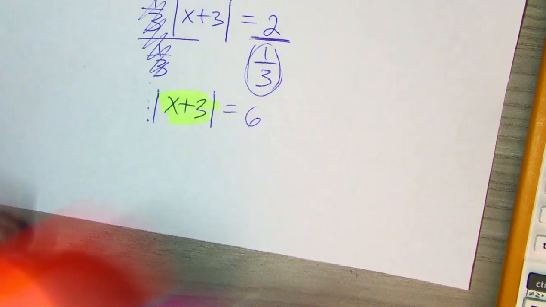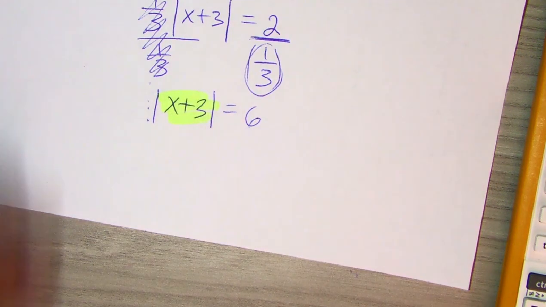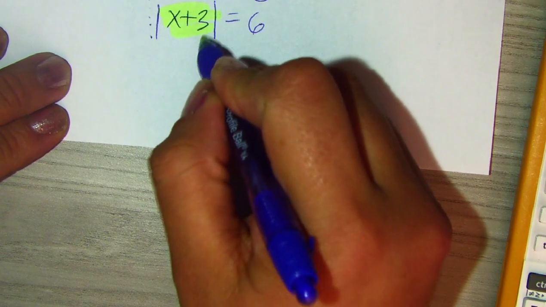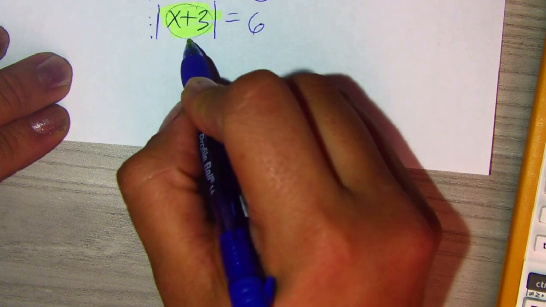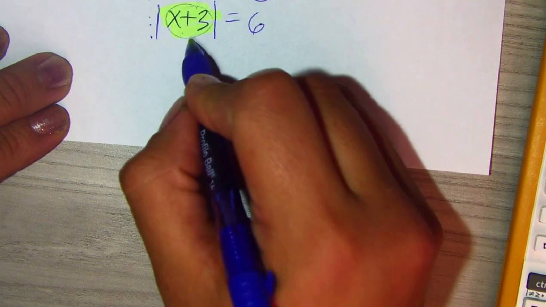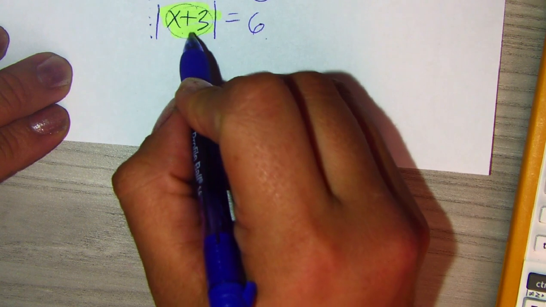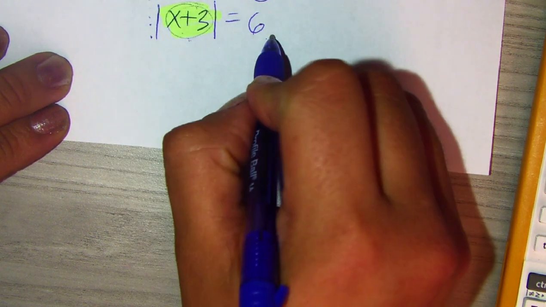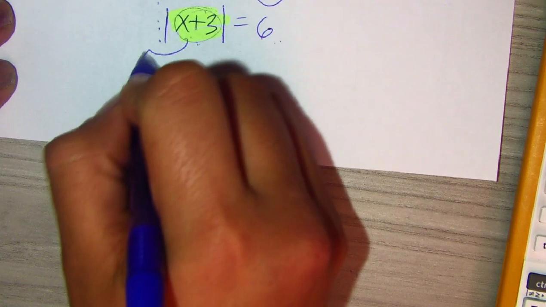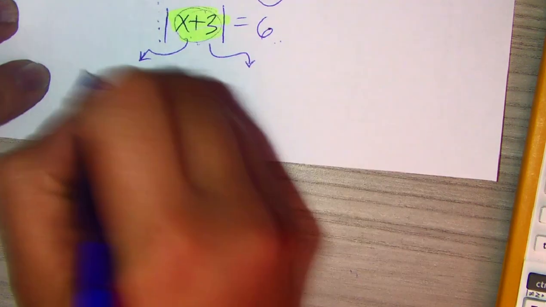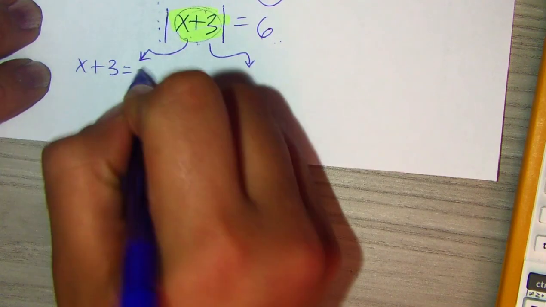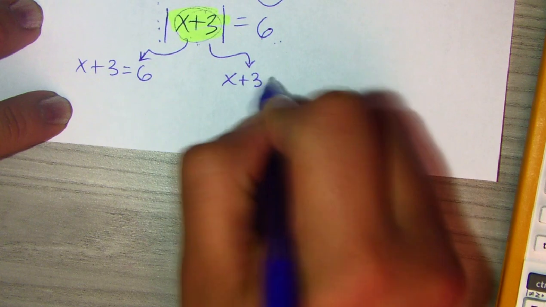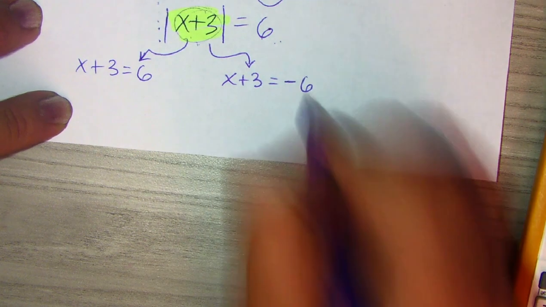That's what we wanted. Now we can look at it as, okay, so absolute value means I can have a positive 6 in here, because absolute value of 6 equals 6. But I can also have a negative 6 in here, because absolute value of negative 6 is 6. So that's where you write your two situations where x plus 3 equals 6, and x plus 3 could also equal negative 6.